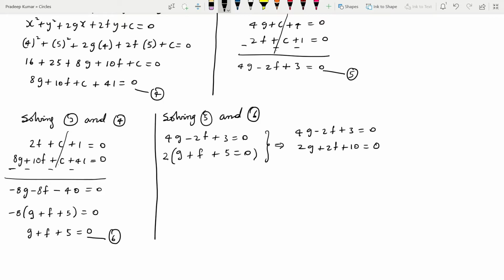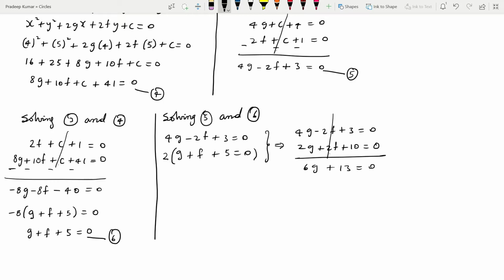So this is the obtained equation. Now we could just cancel plus 2f minus 2f. This is 4g and this is 2g, so we'll be getting 6g. Here plus 3 and plus 10, so we'll be getting plus 13 equal to 0.